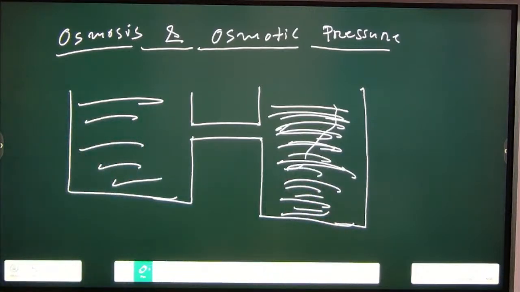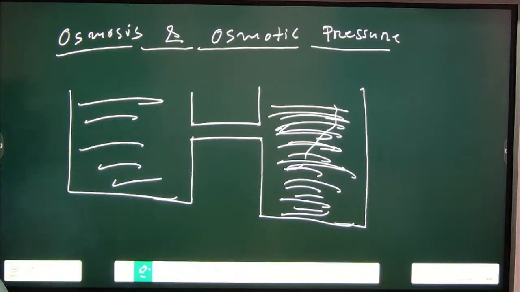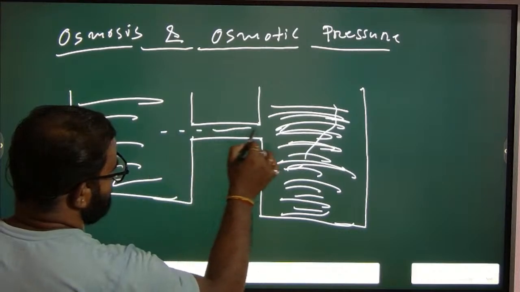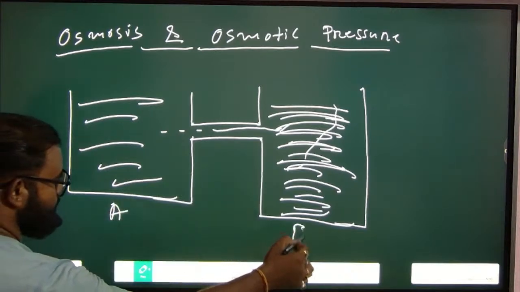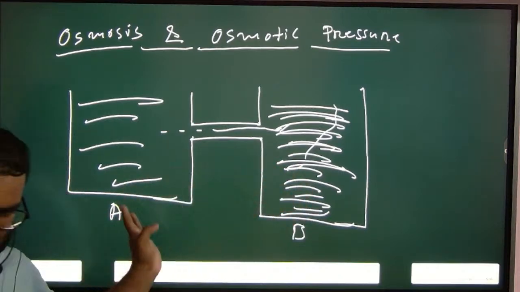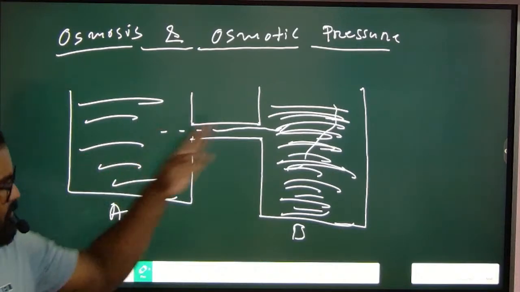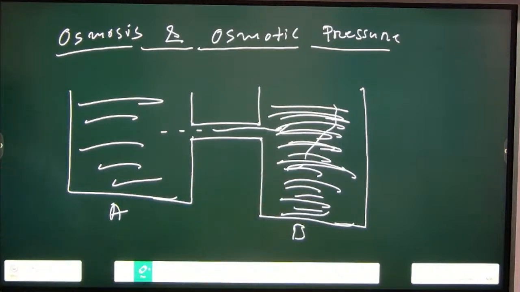Which one is more concentrated? This one. If particles can enter from this one, what do you think? Suppose this is A, this is B. The solvent particles will go from this to this, or this to this? This to this, so that the concentration equalizes, and this phenomenon is known as osmosis.